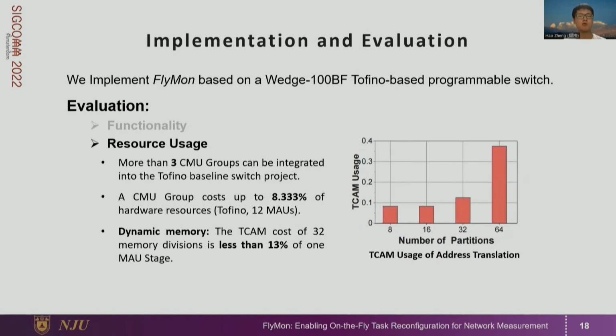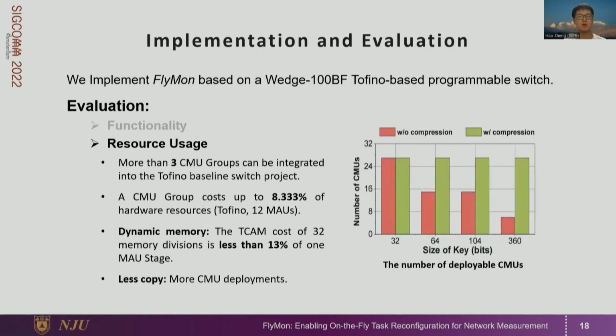For the overhead of the address translation mechanism, we found the TCAM cost of 32 memory divisions is less than 13% of one MAU stage. With the less copy strategy, we can deploy more CM units when supporting a larger candidate case.